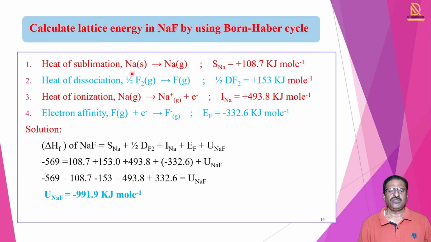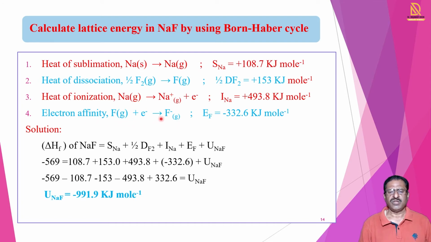In the heat of sublimation, Na solid is converted to Na gas, and the energy is the same as we have seen in NaCl, that is S Na equal to plus 108.7 kilojoule mole raised to minus 1. Then the heat of dissociation of fluorine gas, which is converted into fluorine atom, one half D F2, is plus 153 kilojoule mole raised to minus 1. Then the third reaction is similar to the NaCl example, that is I Na equal to plus 493.8 kilojoule mole raised to minus 1. Then the fourth step is electron affinity.